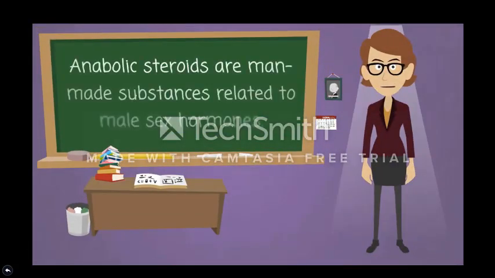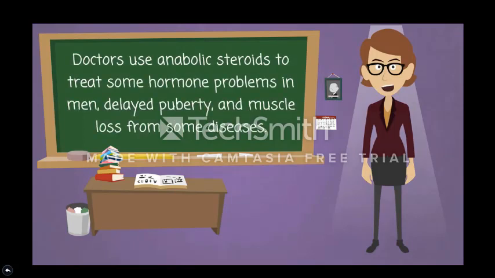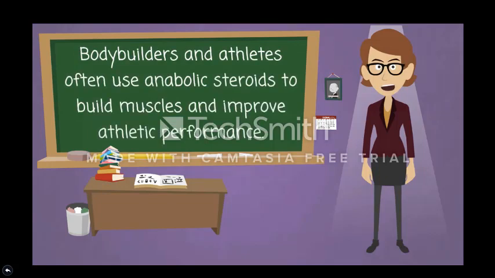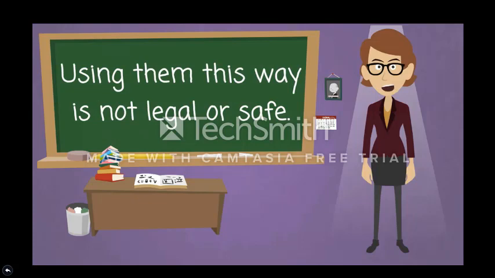Anabolic steroids are man-made substances related to male sex hormones. Doctors use anabolic steroids to treat some hormone problems in men, delayed puberty, and muscle loss from some diseases. Bodybuilders and athletes often use anabolic steroids to build muscles and improve athletic performance. Using them this way is not legal or safe.